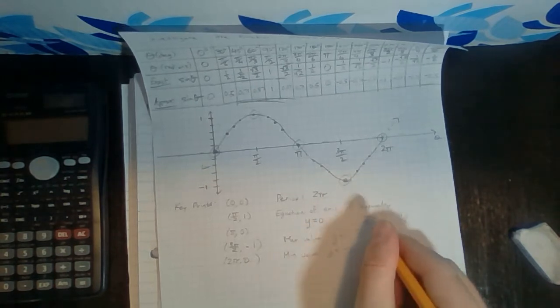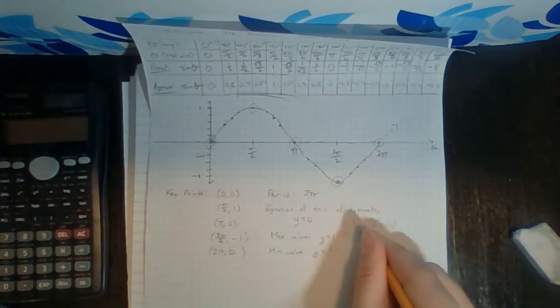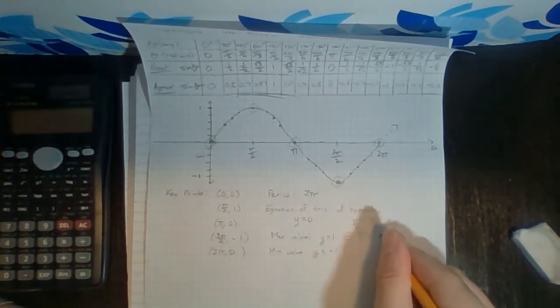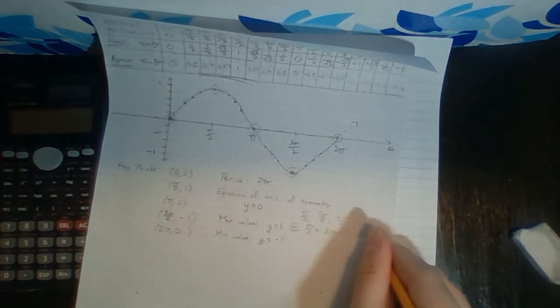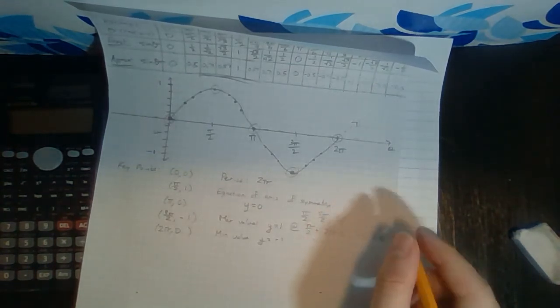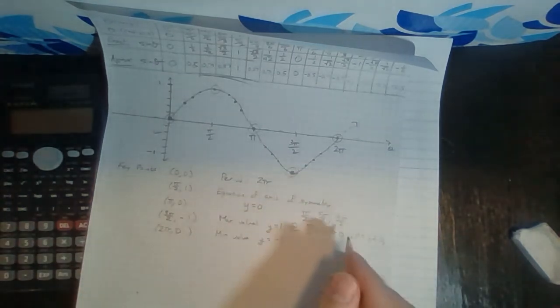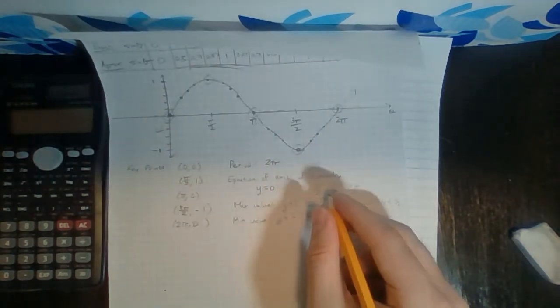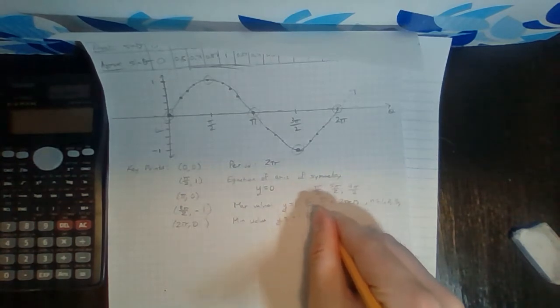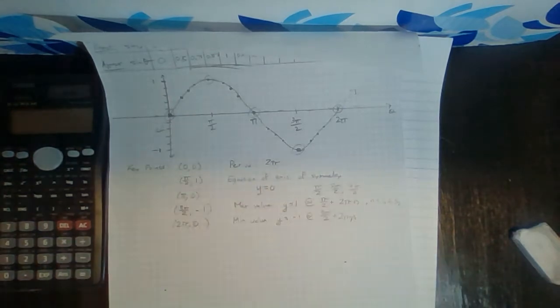We can say that by writing pi over 2 plus the period, 2 pi n, where n has to be a natural number, a counting number: 1, 2, 3, and so on. Every time we add 2 pi, we get back to our maximum value. Similarly, our minimum value happens at 3 pi over 2, and again, every time we add a 2 pi.